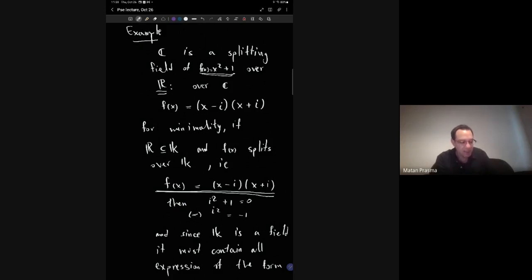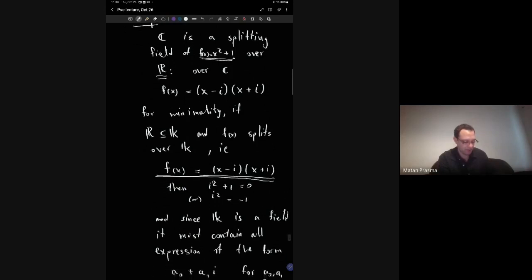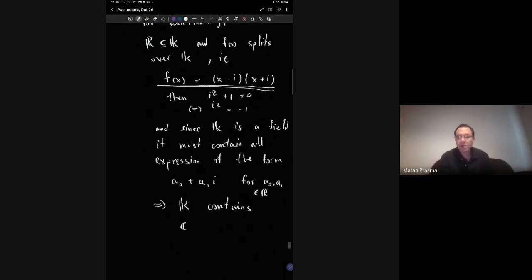A splitting field is a field for which the polynomial splits into linear factors, and it is the minimal field in which this happens. Other questions? I'm trying to think what might not be clear here.